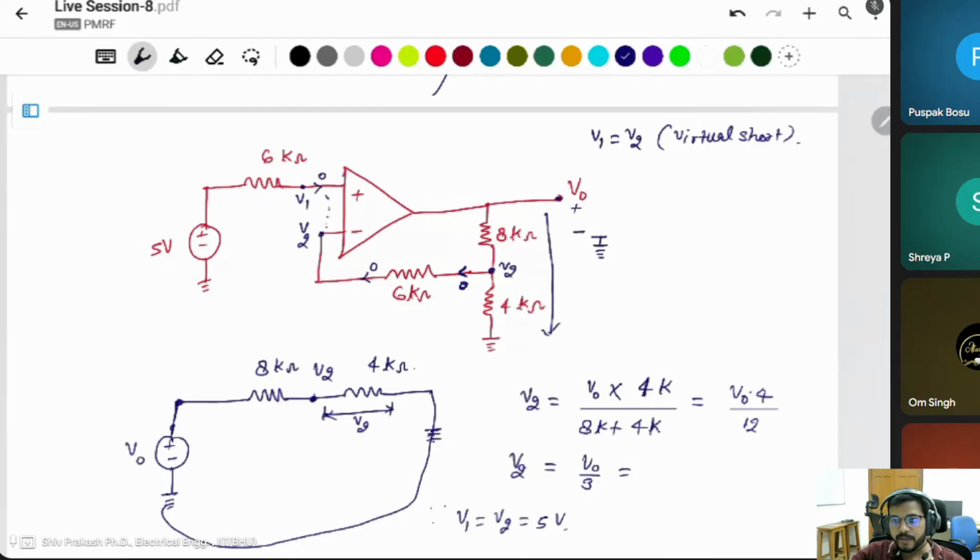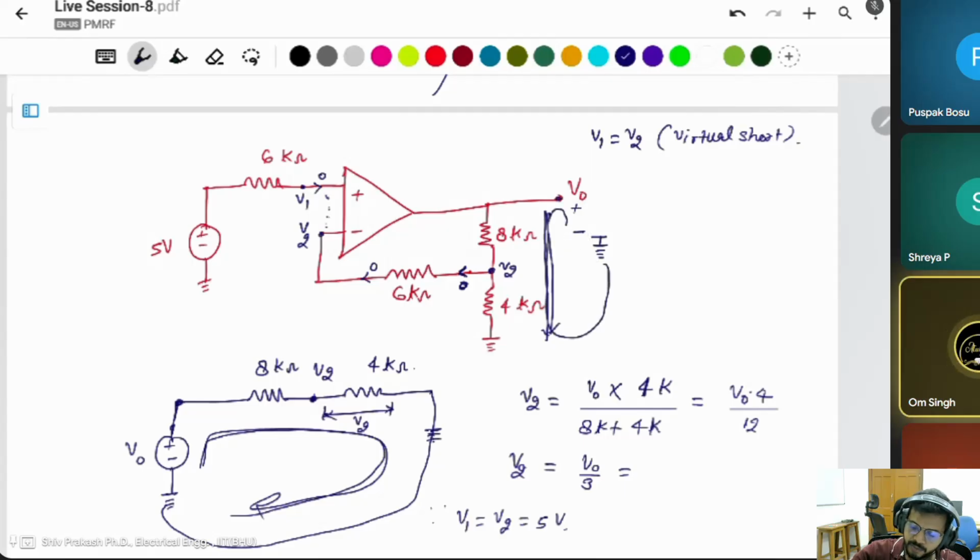If there is infinite impedance, it means there is no current. So this current is flowing directly through it like that. Okay, got it, sir. Thank you. That's why these two are connected in series.